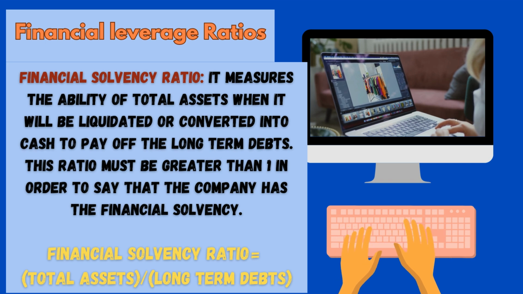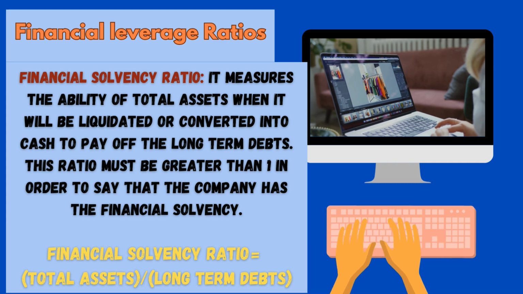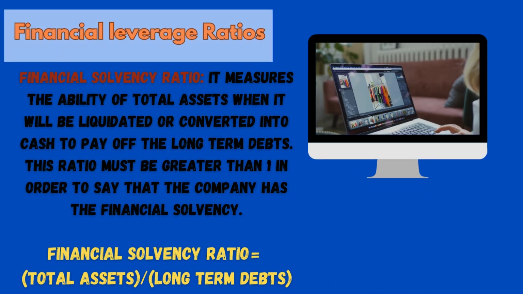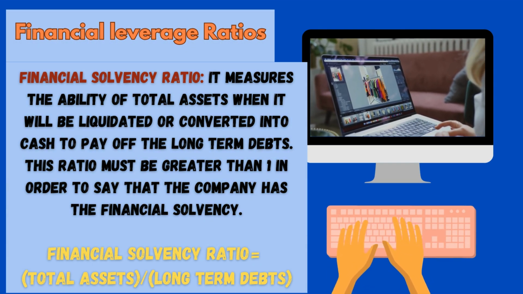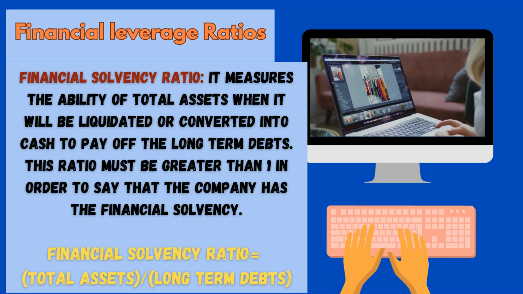This ratio must be greater than 1 in order to say that the company has financial solvency. We can calculate this ratio by comparing the total assets with the long-term debts.